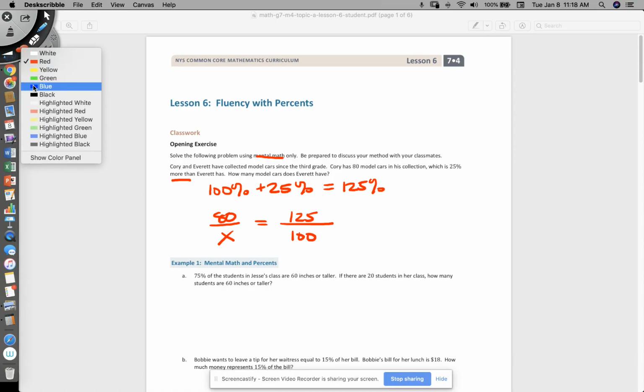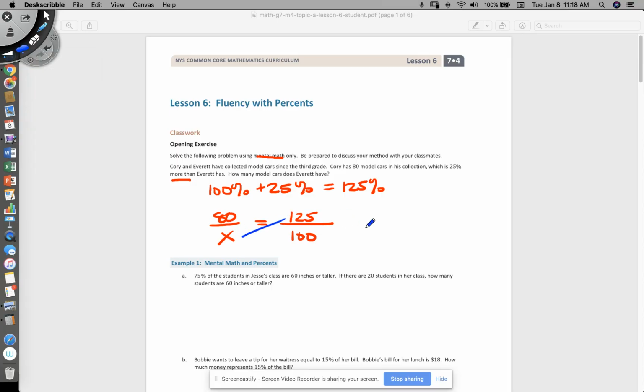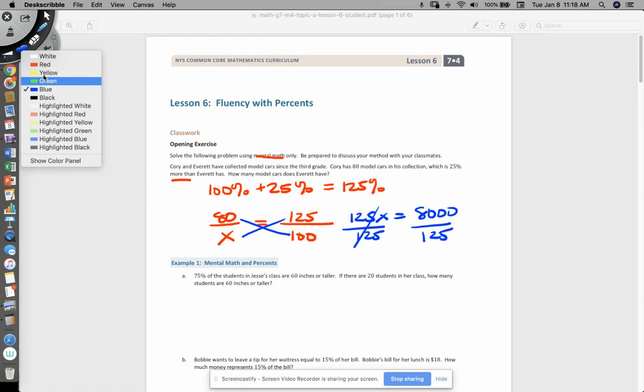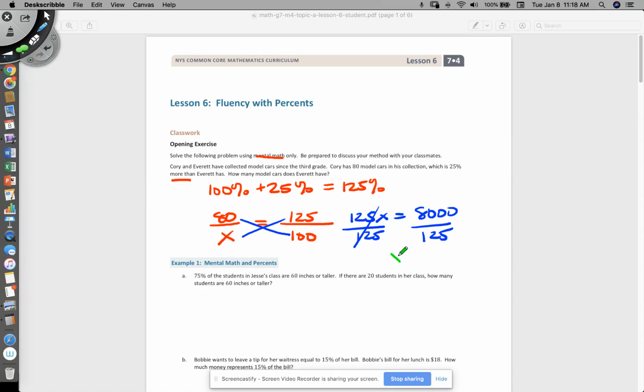So we're going to cross multiply now, and we're going to get 125 times x gives me 125x, and 80 times 100 gives me 8,000. When we divide these out, the 125s cancel, and if you do this on your calculator correctly, you will find out that Everett has 64 cars.